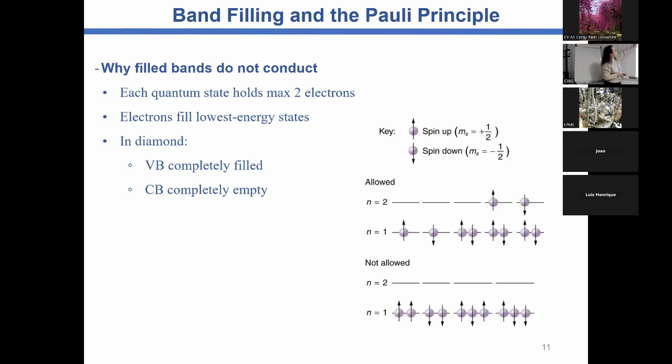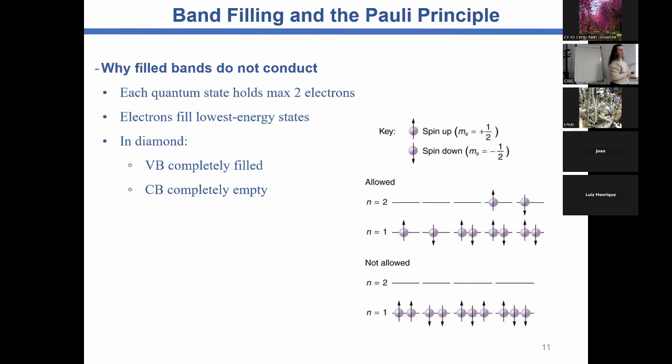So each quantum state holds two electrons with different spin. Electrons fill the lowest energy states, so they start with the lowest, which means they first fill the core states, and then they go to the valence and the conduction band. In diamond, the valence band is completely filled.